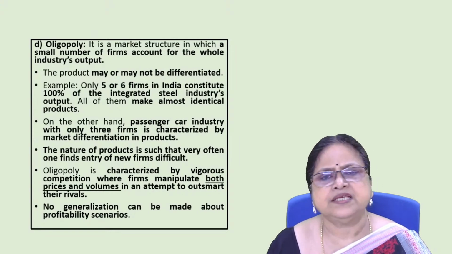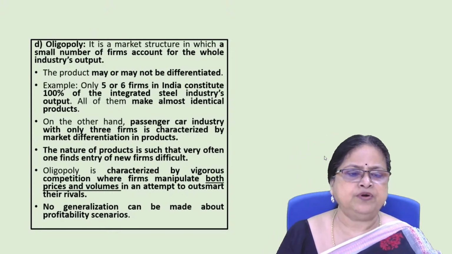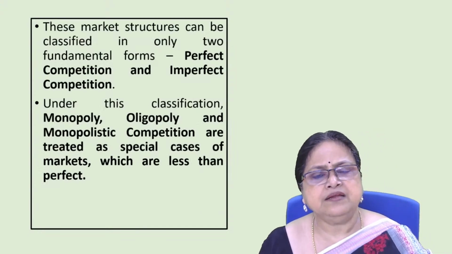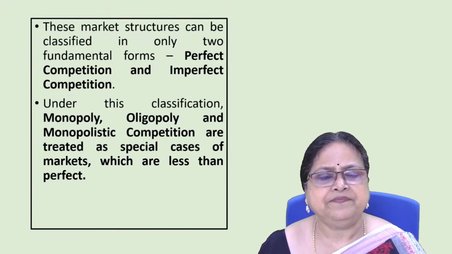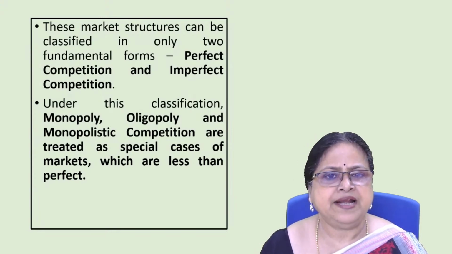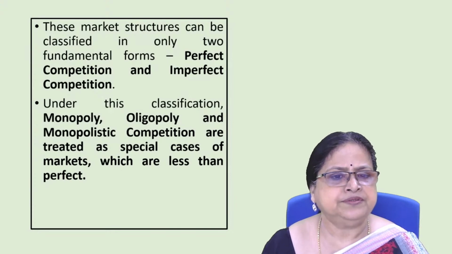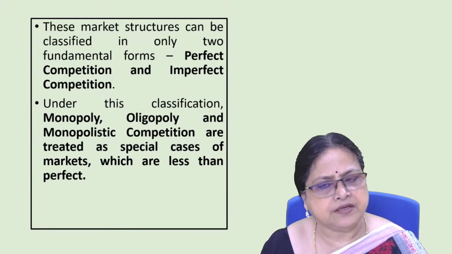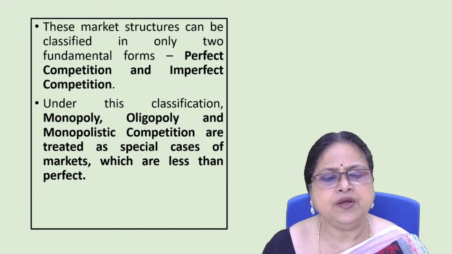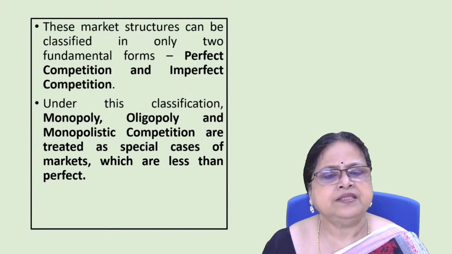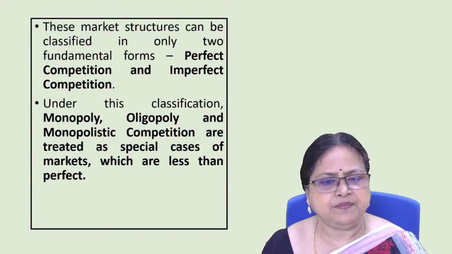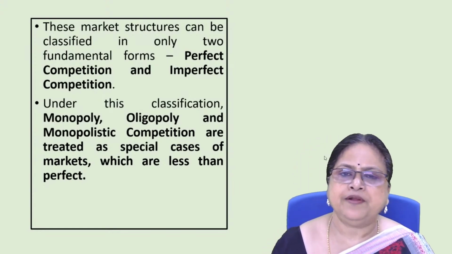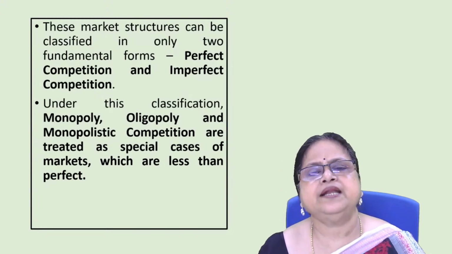But in this case, no generalization can be made about profitability scenarios. These market structures are classified as perfect competition and imperfect competition. Monopoly, oligopoly and monopolistic competition are treated as special cases of markets which are less than perfect, so they are known as imperfect markets. So we have the perfectly competitive market and the imperfect market.